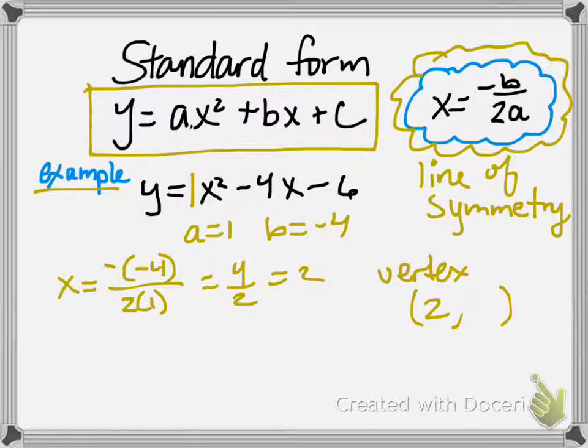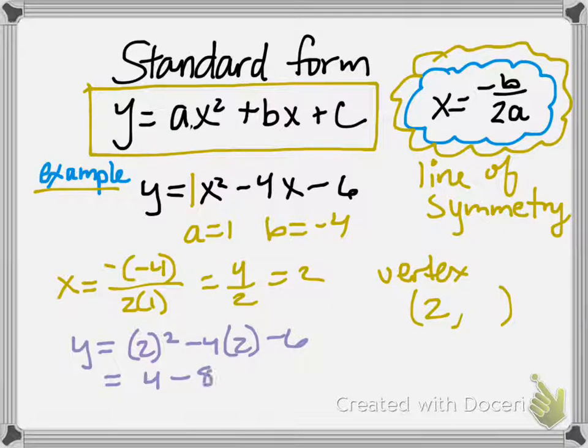So in order to find the vertex, what we do is we plug 2 into our equation. That's going to be y equals 2 squared minus 4 times 2 minus 6. So that's 4 minus 8 minus 6, which is 4 minus 8, negative 4, minus 6 is negative 10.